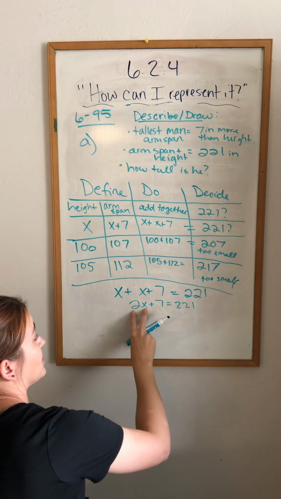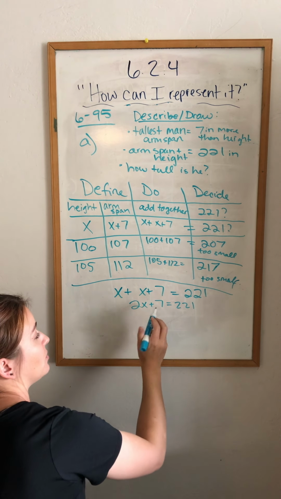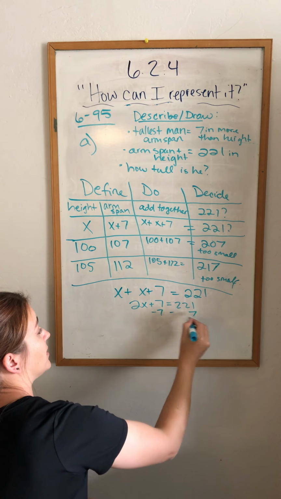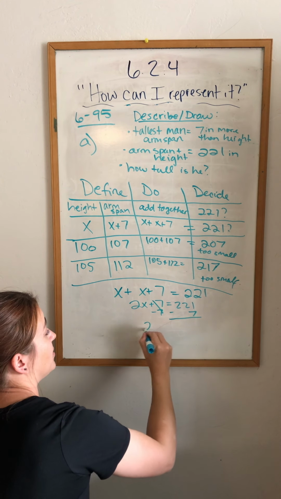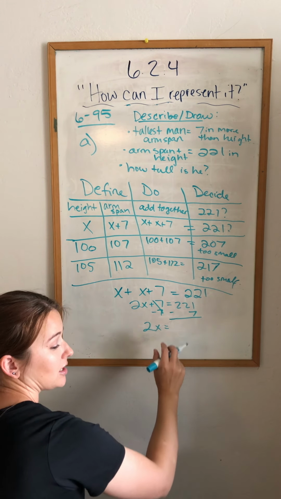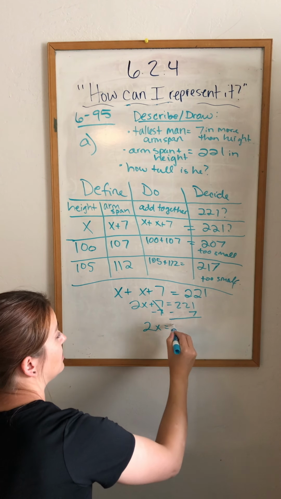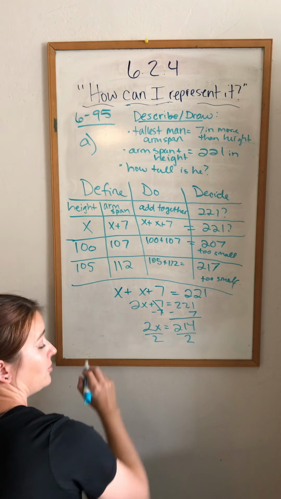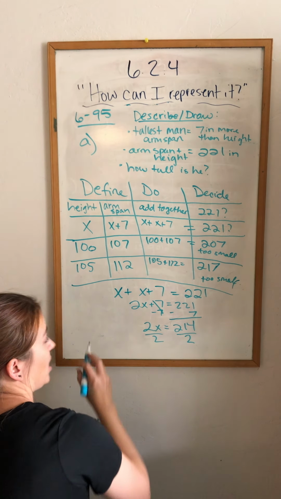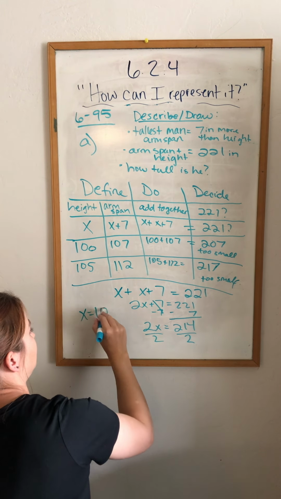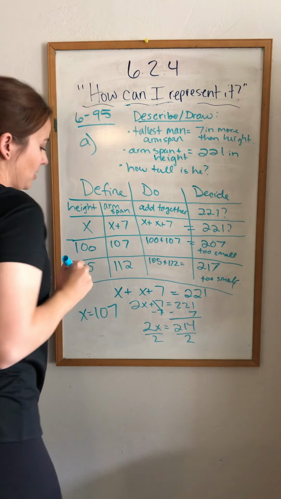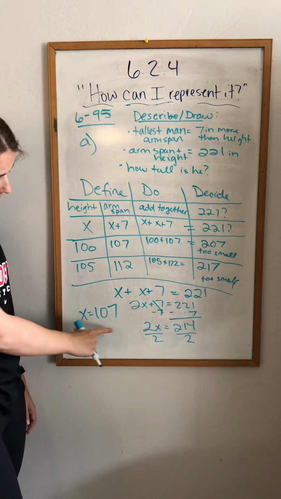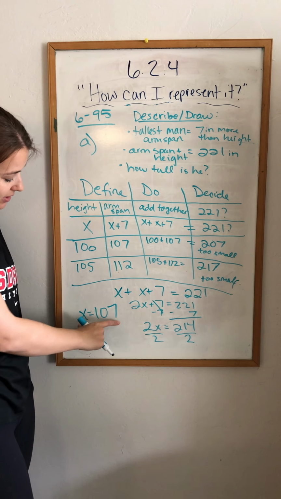Got to get x all by itself. Got to get rid of this positive 7, so we minus 7. That becomes 0. 2x equals 214. 214 divided by 2 is 107. So now we have our solution, which is 107.